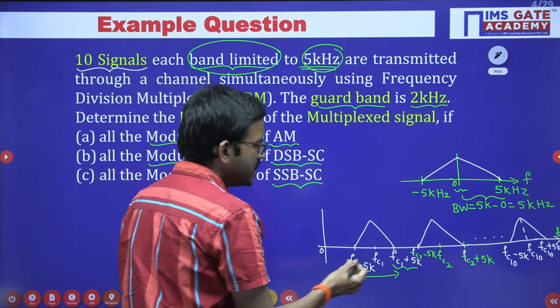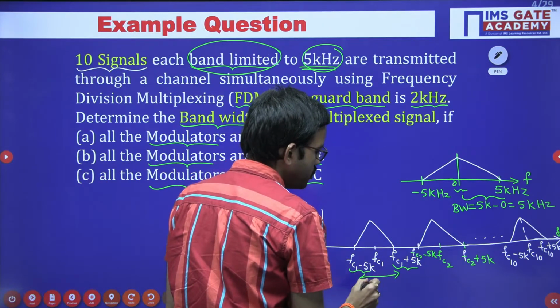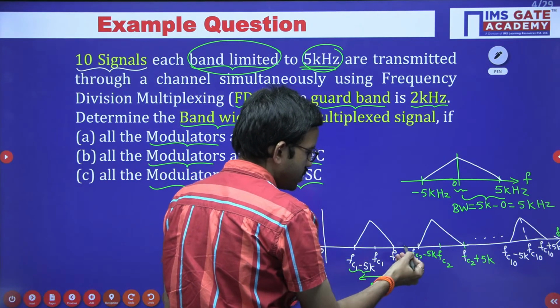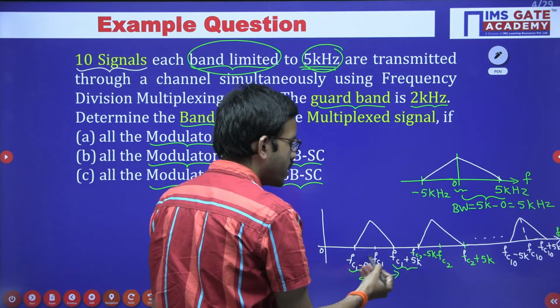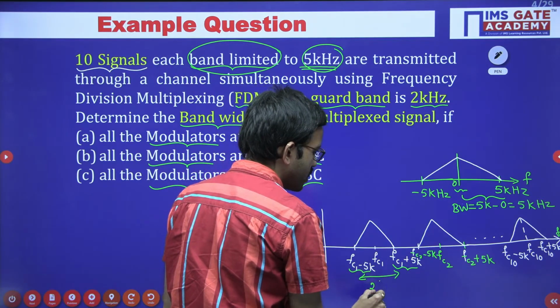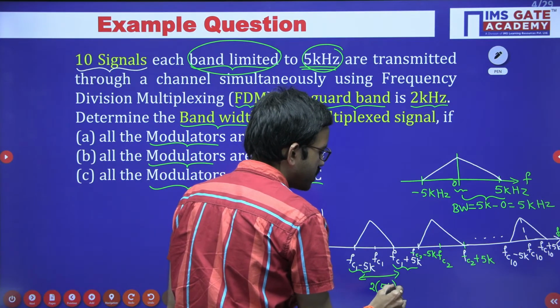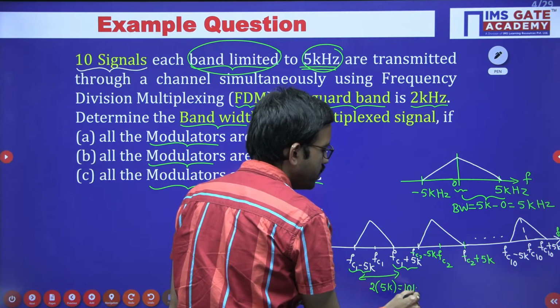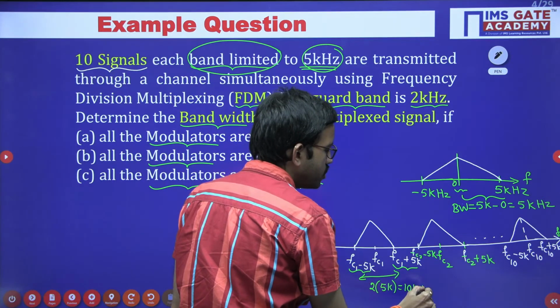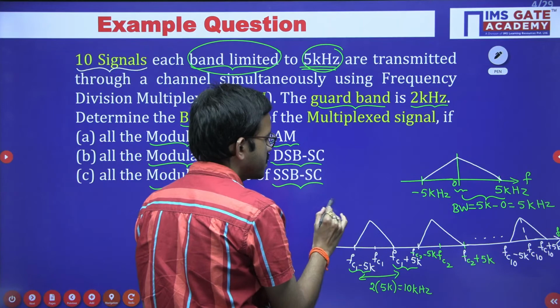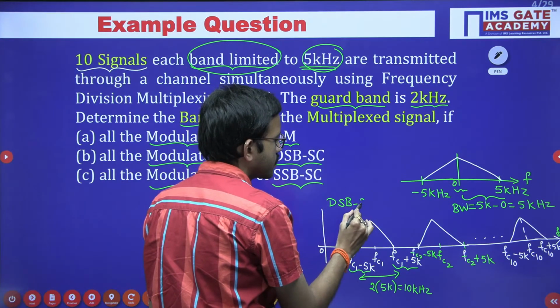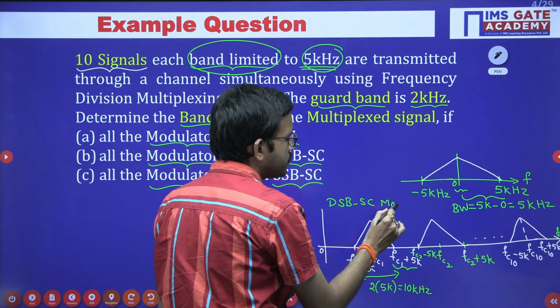In this case you get 2 into 5K, since FC1 gets cancelled. 5K plus 5K is 10K, so 2 into 5K is 10K. Here, for understanding purposes, I have drawn the spectrum for the DSBSC modulator.